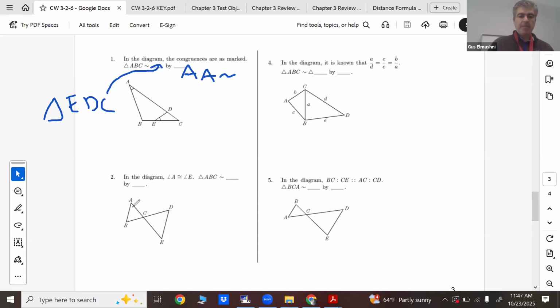A and E are the same, and you got yourself vertical angles too. So A goes with E again, right? Yep. D goes with B, and C are the same. A again.